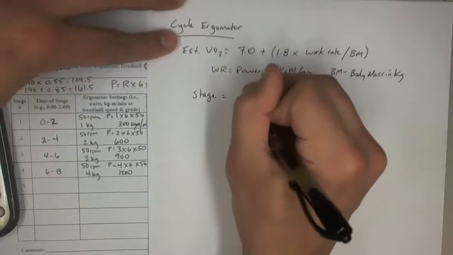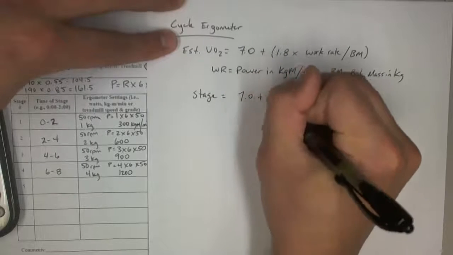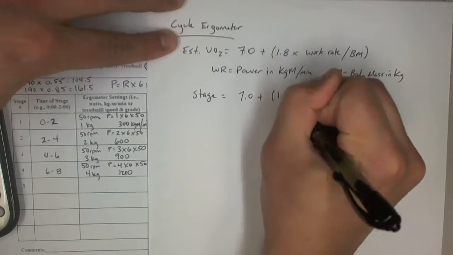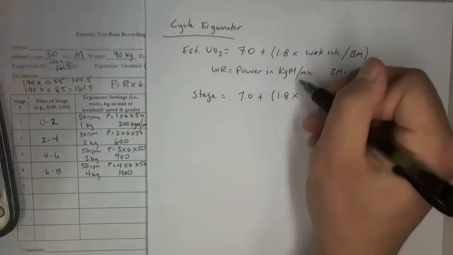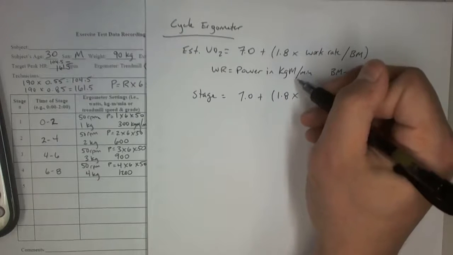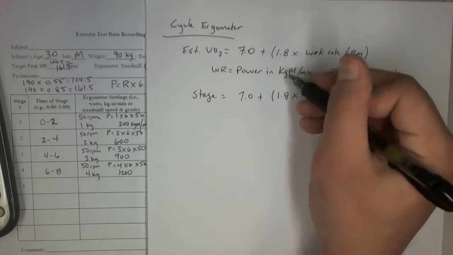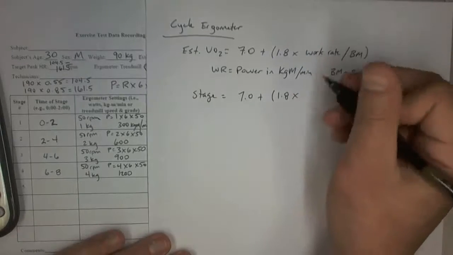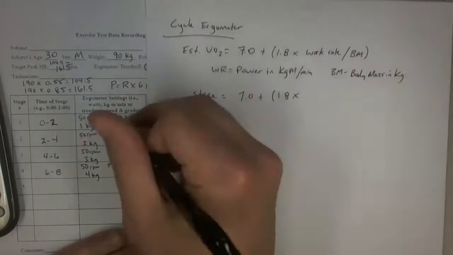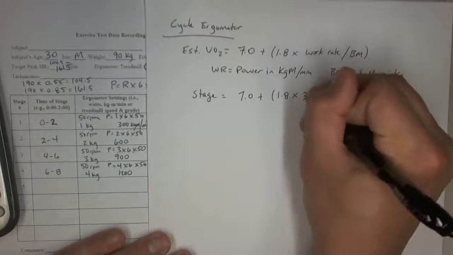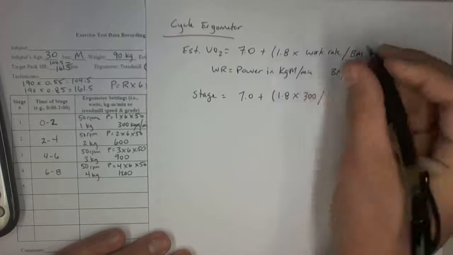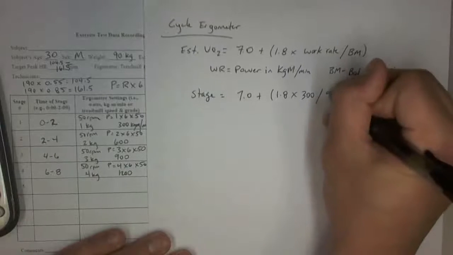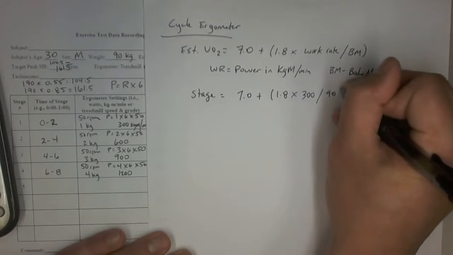Estimated VO2 is equal to 7.0 plus 1.8 times work rate, which again, as I mentioned in class, isn't optimal. What we're really talking about is power in this situation. ACSM just uses the term work rate, so we'll plug in our power number for stage 1, which is 300, divided by body mass, which we can get from here, which is 90 kilograms.